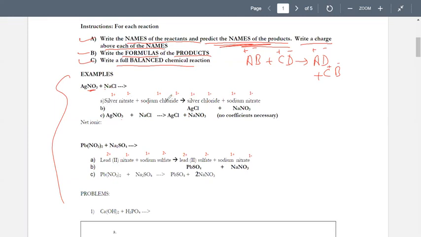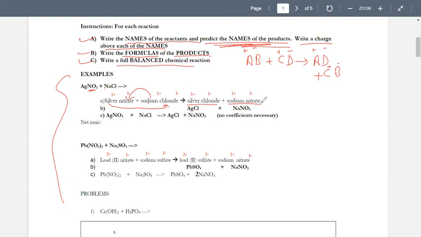So silver nitrate and sodium chloride will be silver chloride and sodium nitrate. Make sense? Okay, so that's what you're going to write on the product side: silver chloride and sodium nitrate.